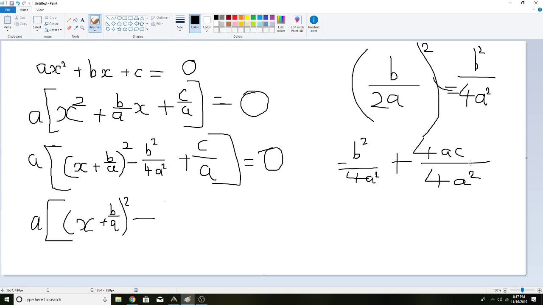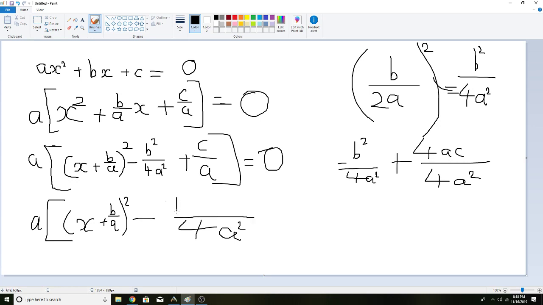As you can see, I was able to get them the same because I multiplied the c over a by 4a, which made the denominator the same. And you can combine them, so you can put it under the same denominator, which is 4a squared. Sorry, I'm not very good at writing.